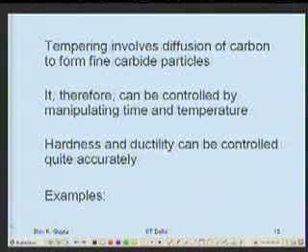And it's possible for us to do it very, very accurately, because the role of temperature is more than that of the time. Okay? Time comes in logarithmic form, but the temperature is linear, so therefore the role of temperature is much greater, and the control can be made very accurately.